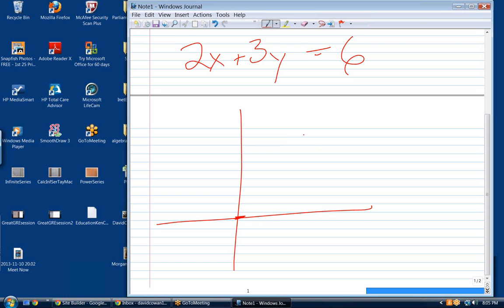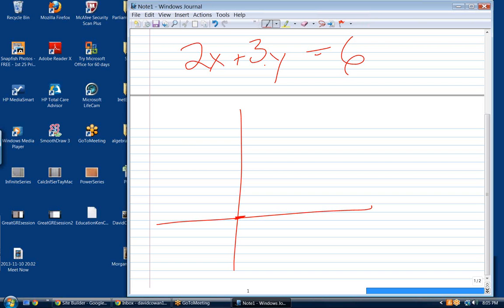Is this still the constant change, or is this linear? Yeah, this is still linear. Notice there's no x squared terms. In other words, we could solve this for y, and we could even put this into y equals mx plus b format. Easy enough.